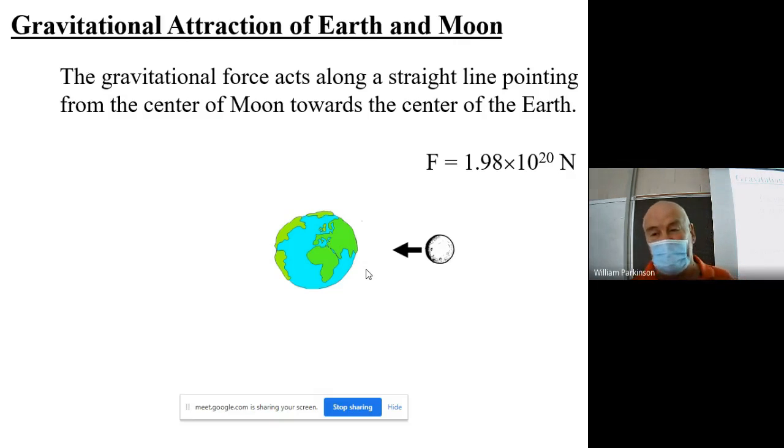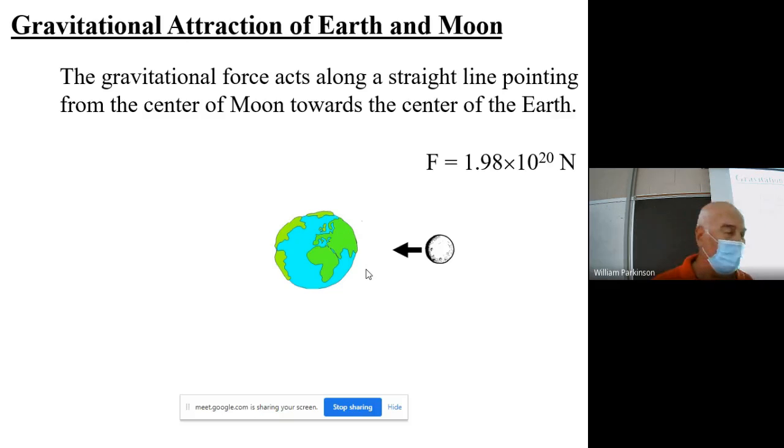I posted right there in the upper middle right side the amount of force of attraction that the Moon and Earth exert on one another. Now, where does that magic number come from? Well, it's really not that hard to do if you have the formula from the previous slide.